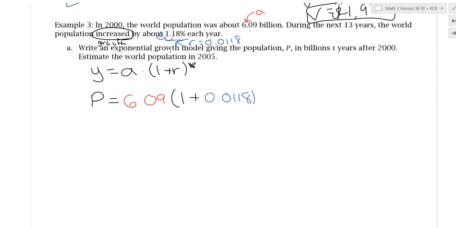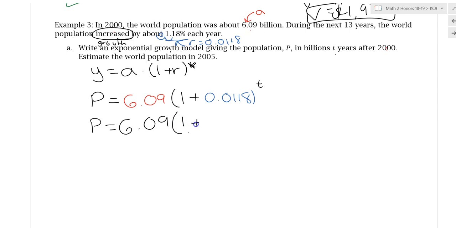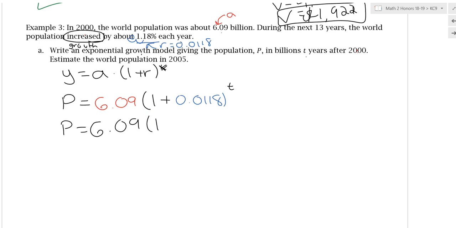And then instead of x, since it's talking about years, time, we'll use t. So if I clean it up a little bit, we get P equals 6.09 times 1.0118 to the t.